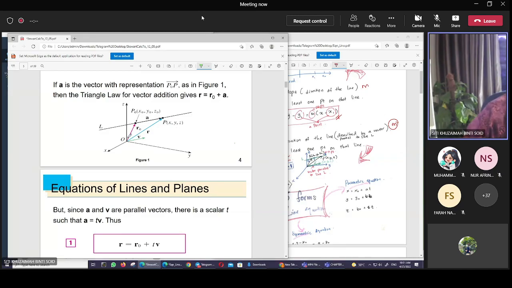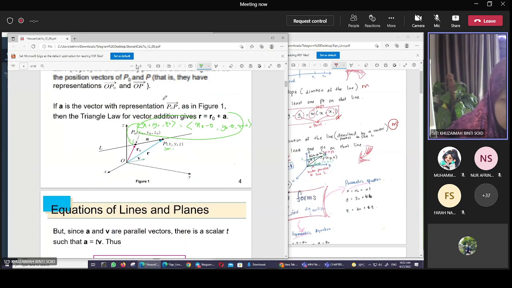R0 can be written as x0, y0, z0, which is actually x0 minus 0, y0 minus 0 and z0 minus 0. The same idea applies for R: x, y, z minus the origin.